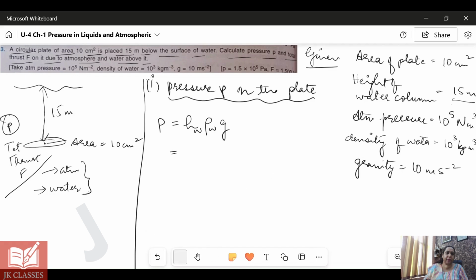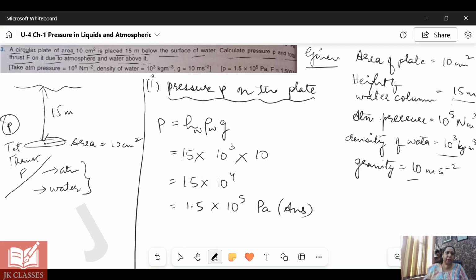Height of the water column is 15 meters. Density given is 10 to the power 3 and gravity is 10. This gives us 15 into 10 raised to power 4, or we can also write it as 1.5 into 10 raised to power 5 Pascal, which is our answer.